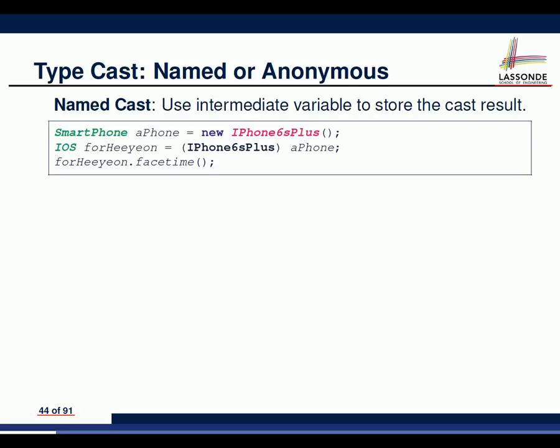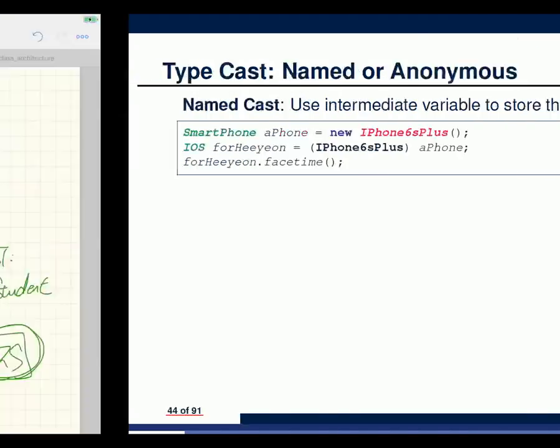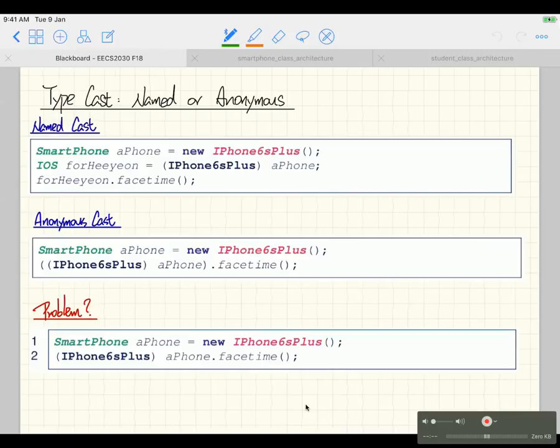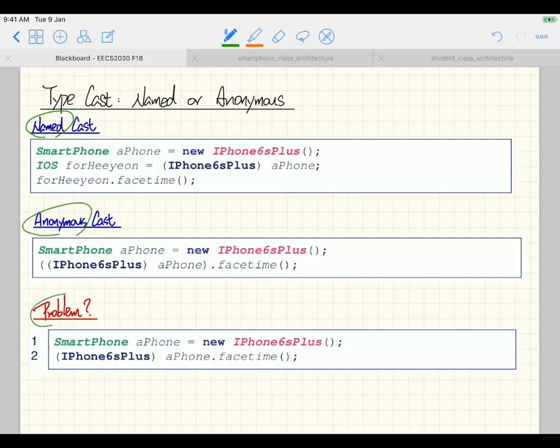So you can either do a named cast, you can do an anonymous cast, or you can do something that's problematic. Let's see how each one of them works. Let's start with the first one. This should compile, agree?